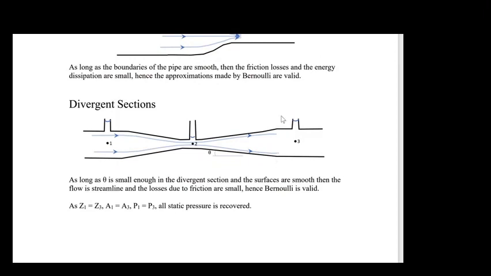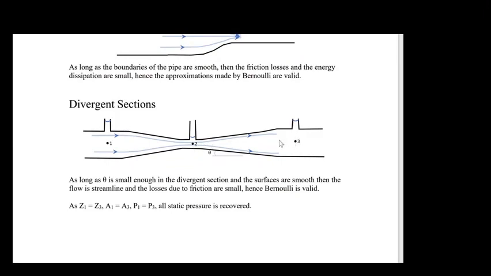Conservation of mass is telling us that if we're seeing an increase in cross-sectional area, we must be seeing a decrease in velocity. If we're seeing a decrease in velocity, we must be seeing a decrease in the kinetic energy, and so we must be seeing an increase in the energy associated with the pressure.